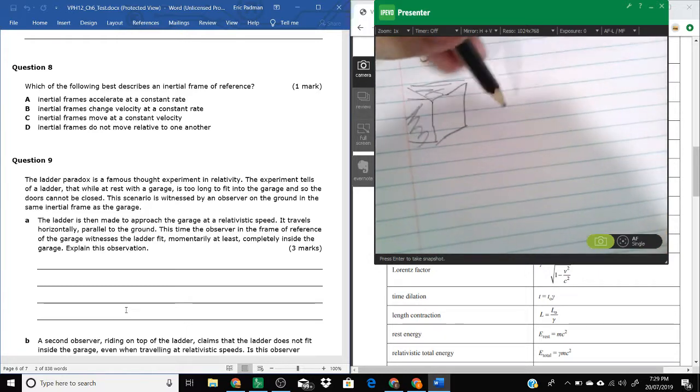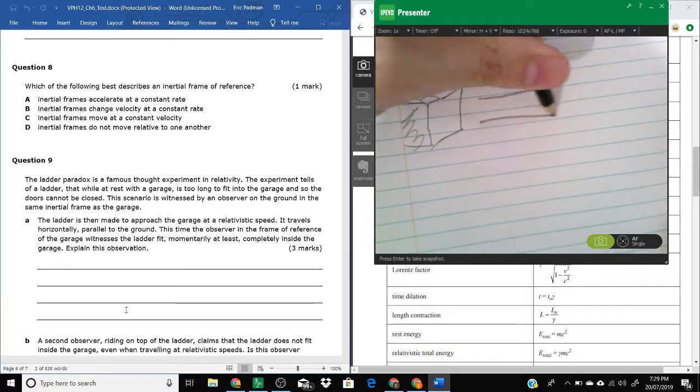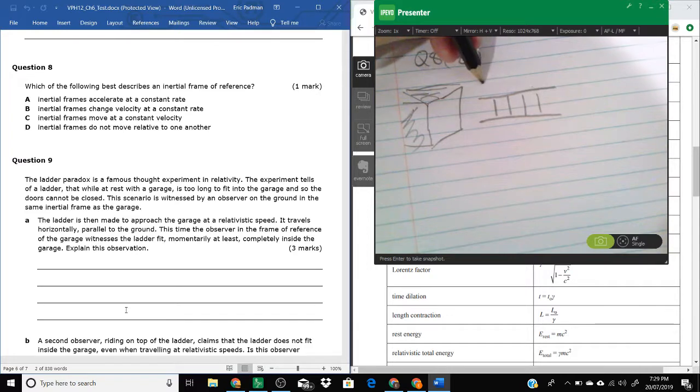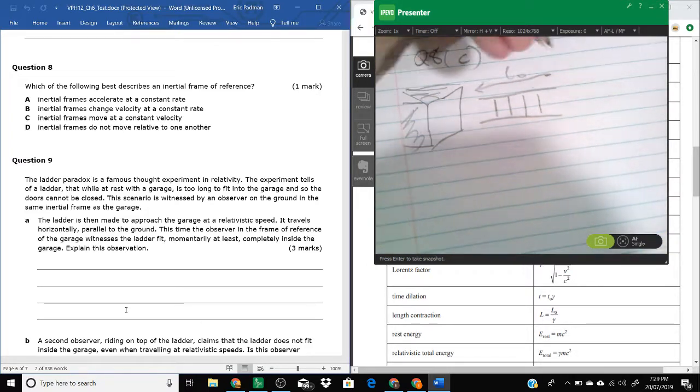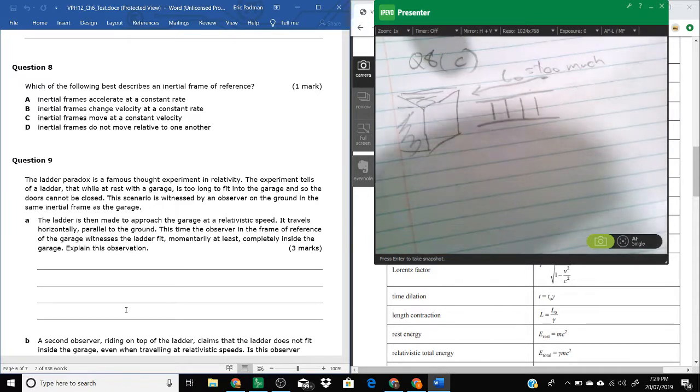The ladder is too long to fit into the garage, so the doors cannot be closed. Here's our ladder. It is too long. So we're going to move it in really, really quickly and get it to fit in.